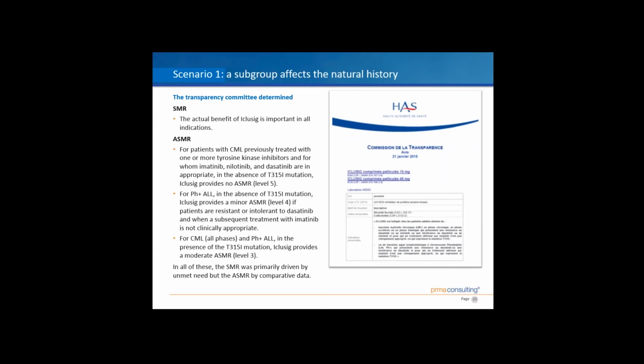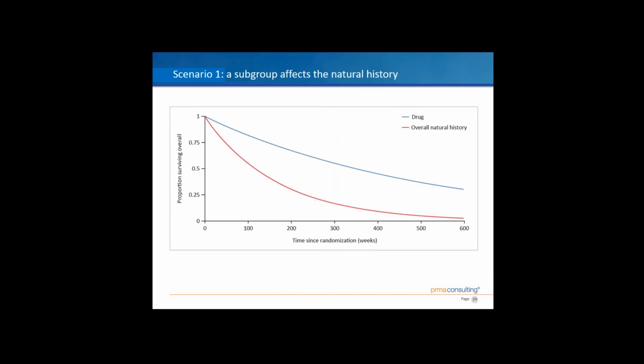And it varied based upon CML and ALL with the mutation or not, and it varied between an ASMR of 3 or 4 or 5. And in all of these, this was based upon the comparative data. So it was the comparator in that group, it was the relative treatment effect in that group, and the natural history that underlay that, even though according to the SMR, that natural history, that prognosis, the unmet need was still quite pronounced.